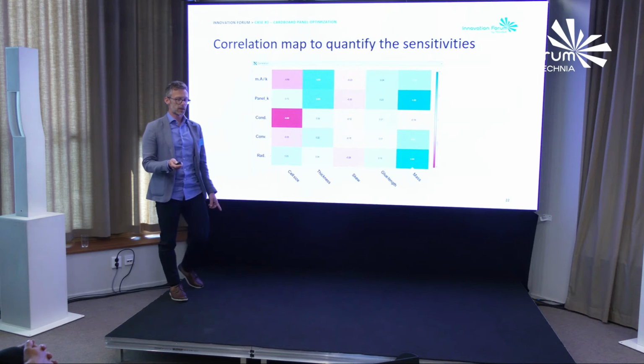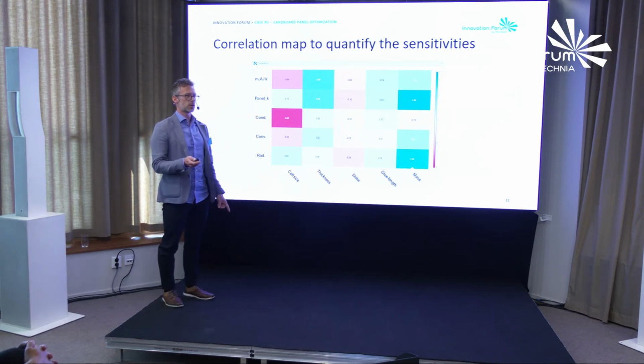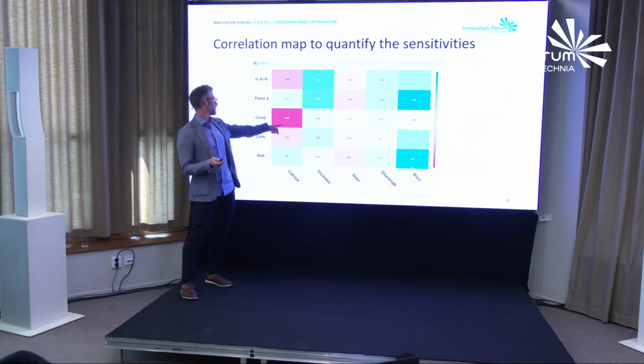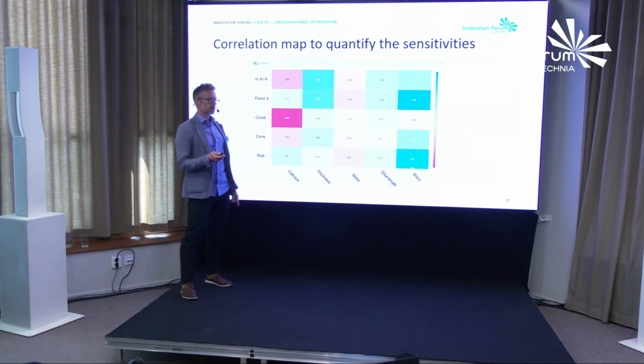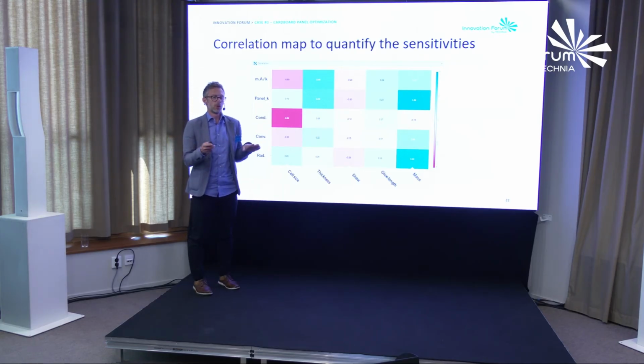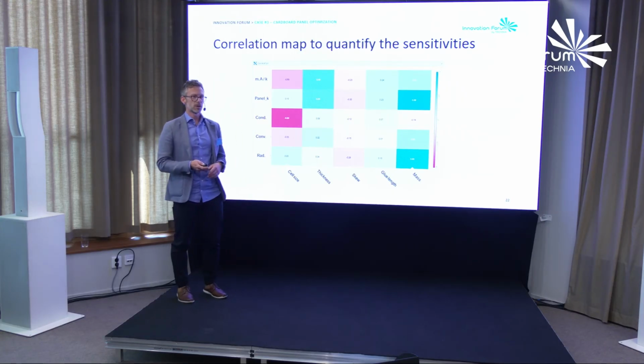We also have correlation maps to see what the sensitivities are. So for example, cell size affects conduction. On the other hand, glue length has no impact at all. So maybe you can also reduce some manufacturing tolerances by reducing the glue length.